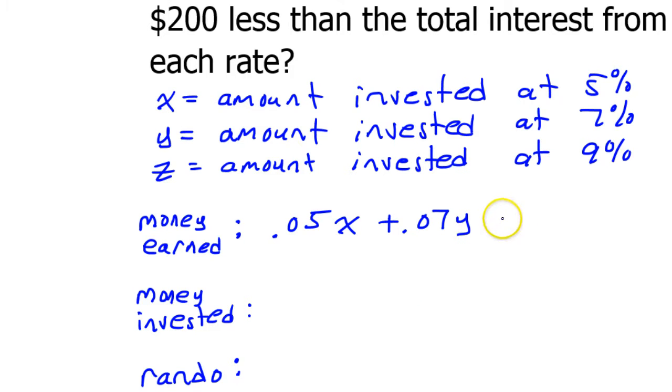And the amount of money she will earn from the 9% account will be 0.09 times the amount of money that she invested in that particular account. So do you guys understand so far? This should represent the amount of money earned in each account.